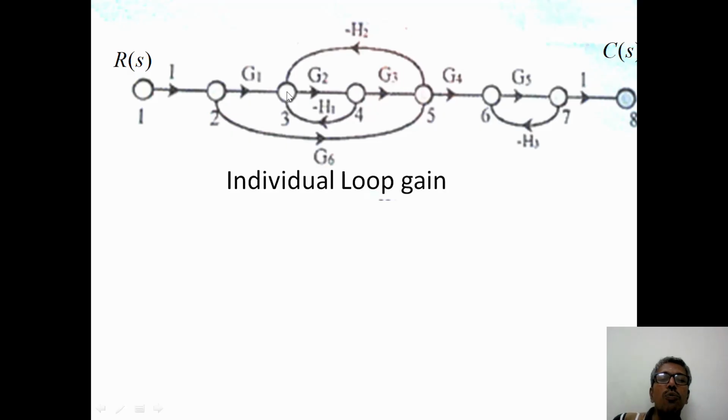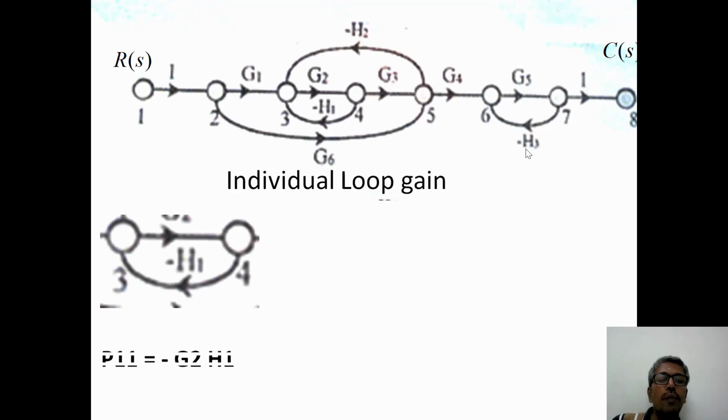Similarly, the second loop starts from third to fourth and then fourth to fifth, again fifth to third point through minus H2. That will be our second loop. Then the third loop will be 6 to 7 and again 7 to 6 through minus H3. So there are 3 individual loops.